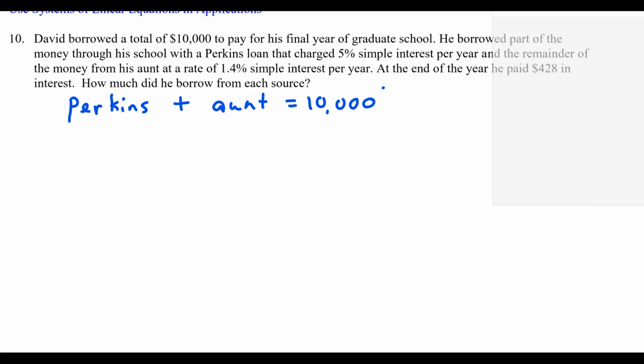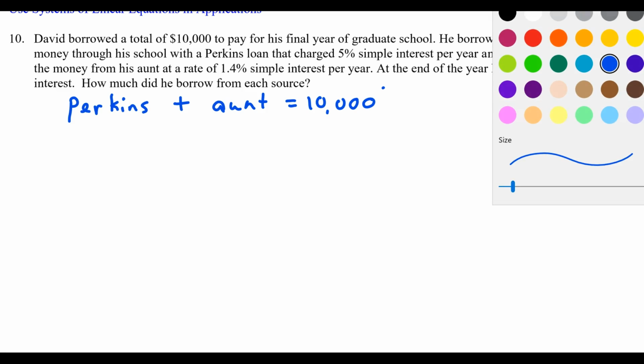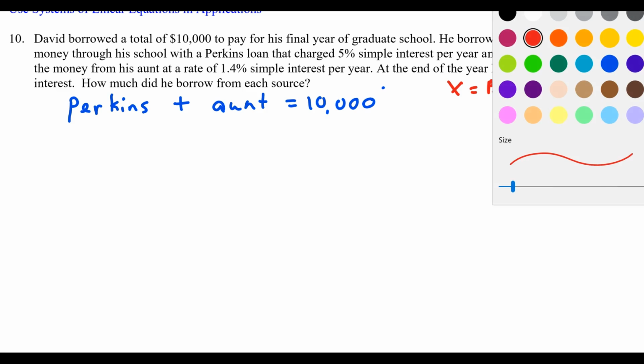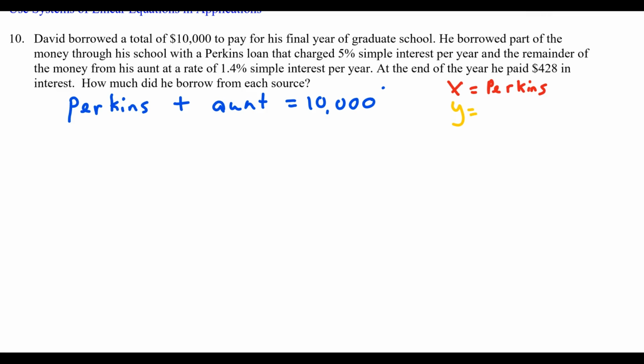So let's just say that we let X equal his Perkins, and we let Y equal the amount he borrowed from his aunt. So that means that his aunt is going to become Y, and his Perkins is going to become X, and those two added up gave us $10,000.